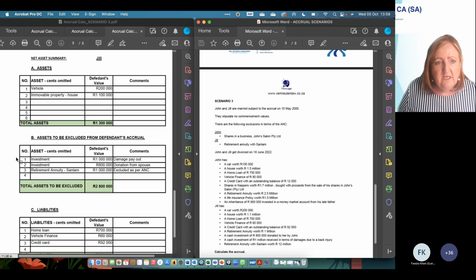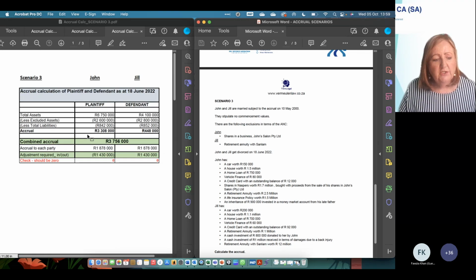If you look at B3, retirement annuity Sanlam, 1 million excluded as per ANC, and the total assets then being excluded is 2.8 million. So if we go back to the top summary, you'll see there is, for Jill, excluded assets of 2.8 million.